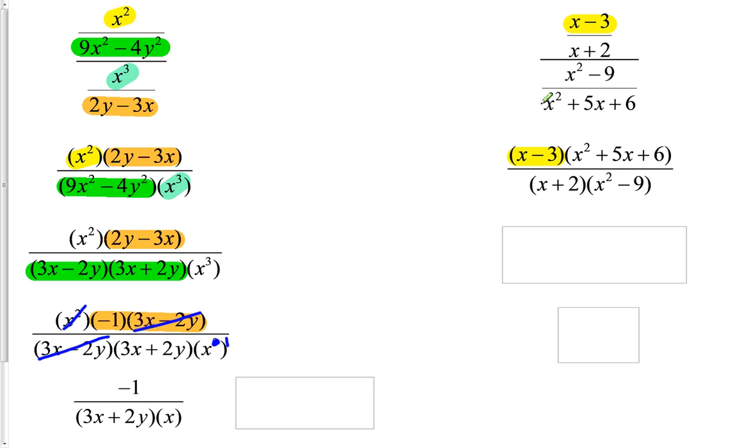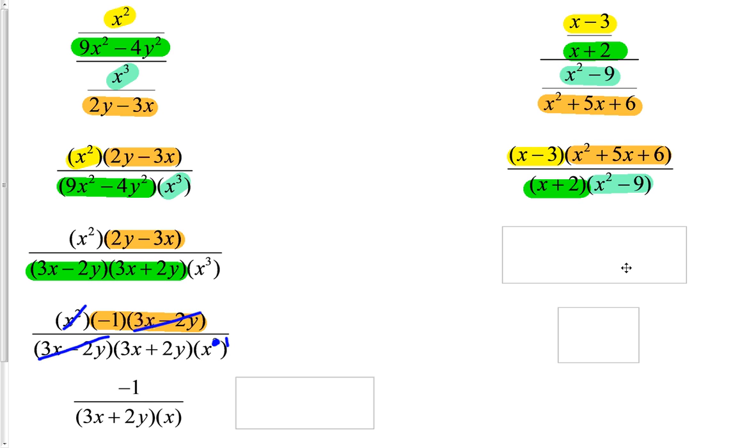It was part of the first fraction, stays in the numerator. X plus 2 was in the denominator in the first fraction, stays in the denominator. X squared minus 9 in the numerator of the second fraction. Since we're dividing here, that's going to get flipped to the denominator. And x squared plus 5x plus 6 is going to end up in our numerator because it was in the denominator of our second fraction.